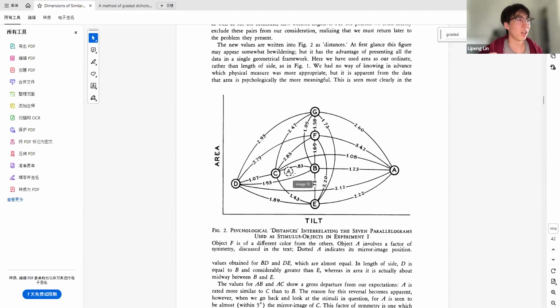Another thing is the similarity between A and B should be identical to B and A. That means that if we present a pair in a different order, the participant will give an identical similarity rating. But this is not the case. So we have a very strong impression that we cannot assume psychological distance or similarity to be in a Euclidean distance space. So that's why we are interested in this kind of paper.